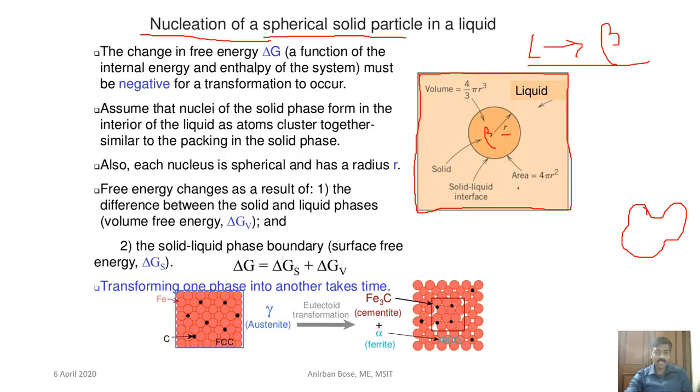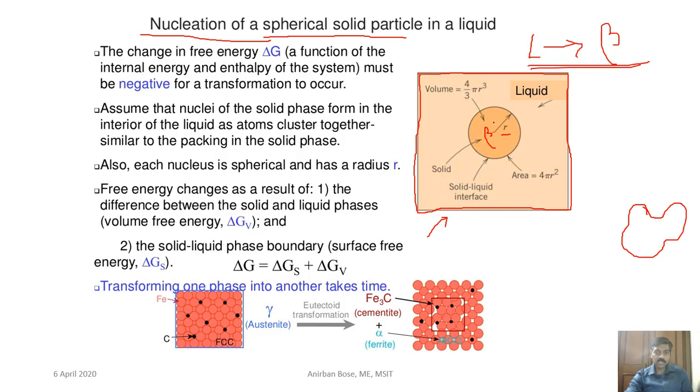Now in terms of energy, tell me, initially there was no solid, okay, it was liquid. Now you are putting this system in a temperature which is below the melting point, and because of that solidification has started, and suppose at a particular point this particle has been formed.